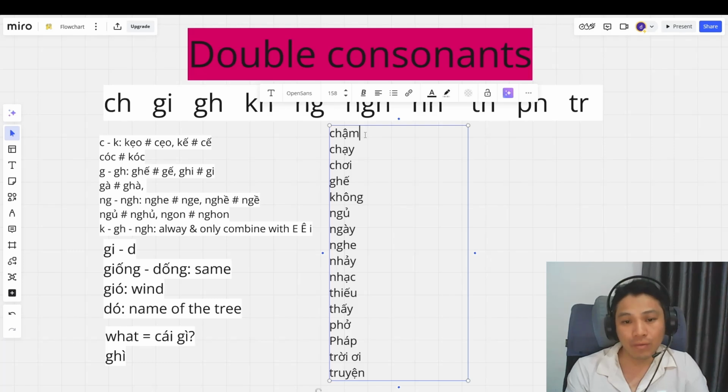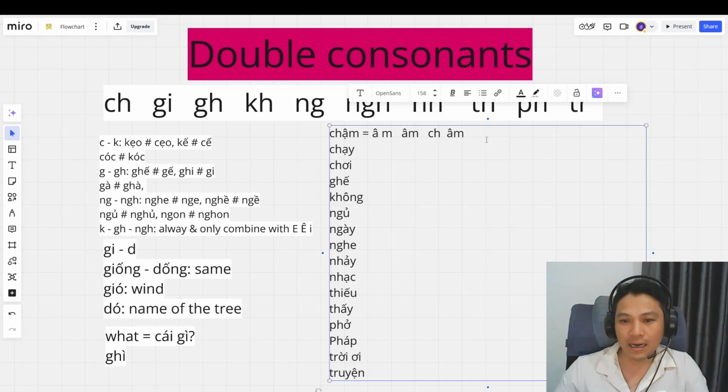It means slow, but in case you forgot how to spell, I'm gonna spell this word like m, âm, chờ, âm, châm, and nặng, chậm.